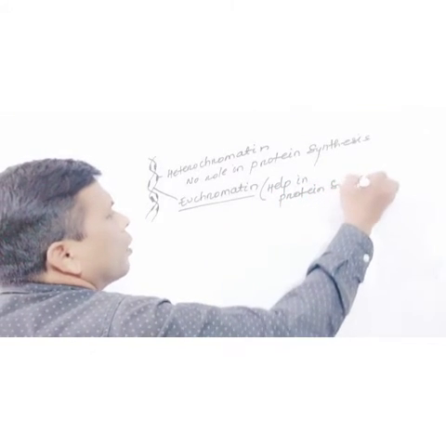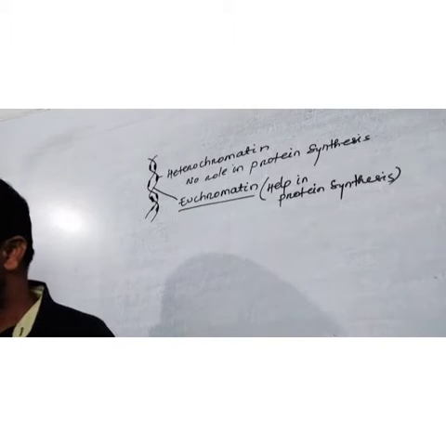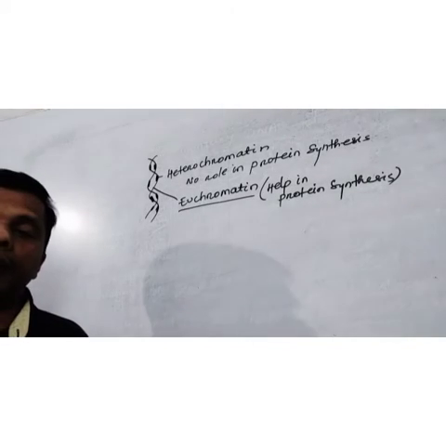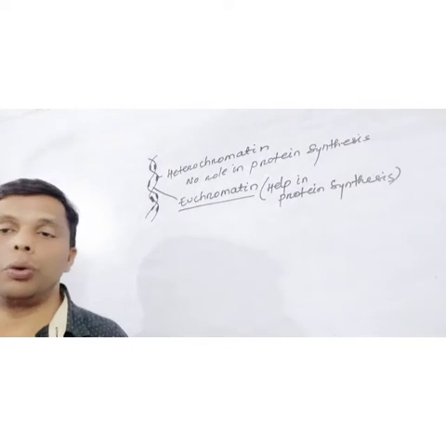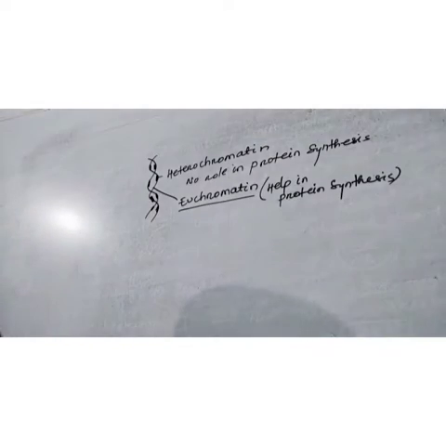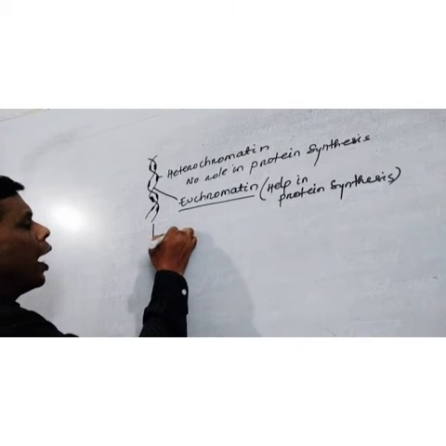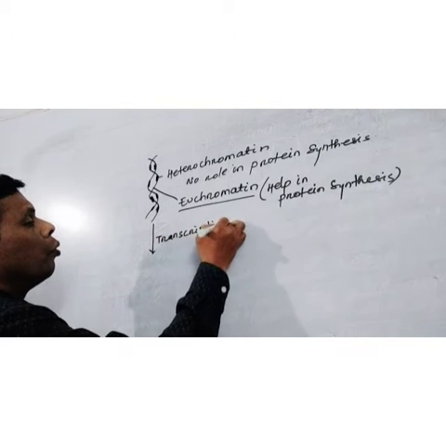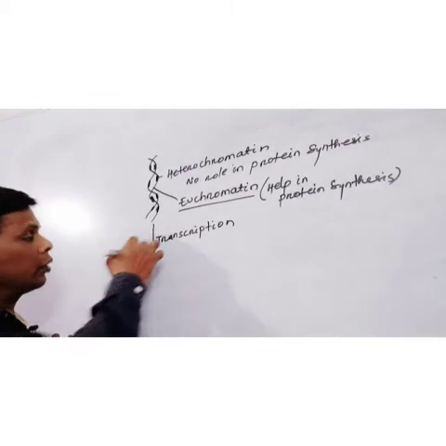Okay, if we compare the DNA, it shows that the DNA carries coding zone and non-coding zone. When the DNA is transcribed, what happens after transcription?